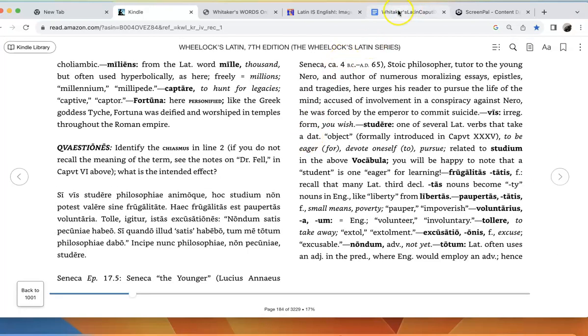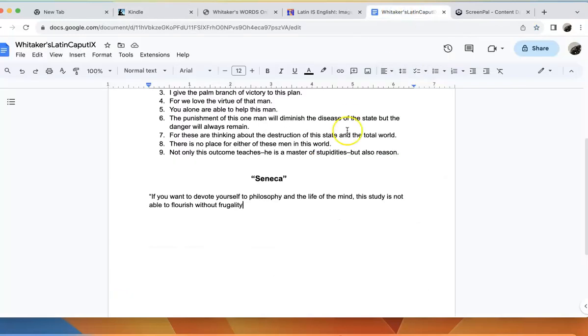Let's change that just because that's one of our options too. So this pursuit works a little bit better because otherwise we'd have to say maybe this course of study, which is too modern in its disciplinary language. So this pursuit is not able to flourish without frugality.